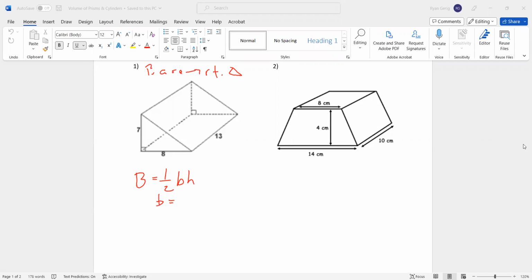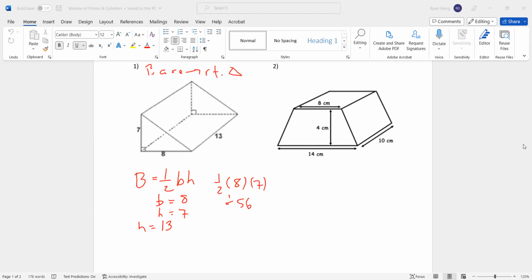So this one had everything kind of there for you. The base of the triangle is 8. The height of the triangle is 7. The height of the prism is 13. All right, so to find the area of the base, I'm going to do 1/2 times 8 times 7. So 8 times 7 is 56.